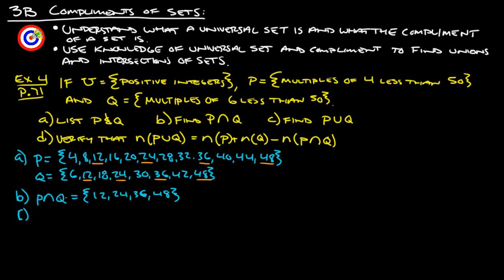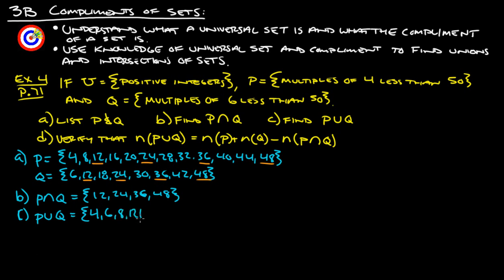So for C, find P union Q. So all of them that are included in P and Q. So P union Q. Again, it's always nice to try to write them all in numerical order. So let's see what we can come up with. Right?